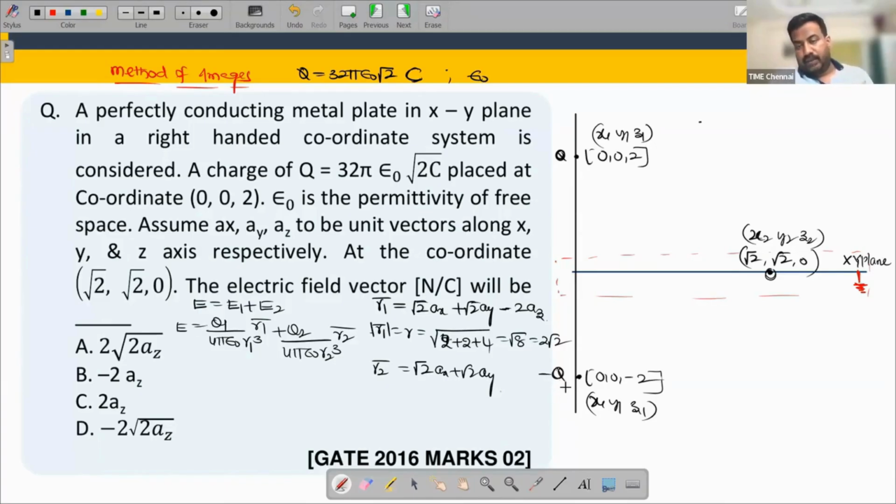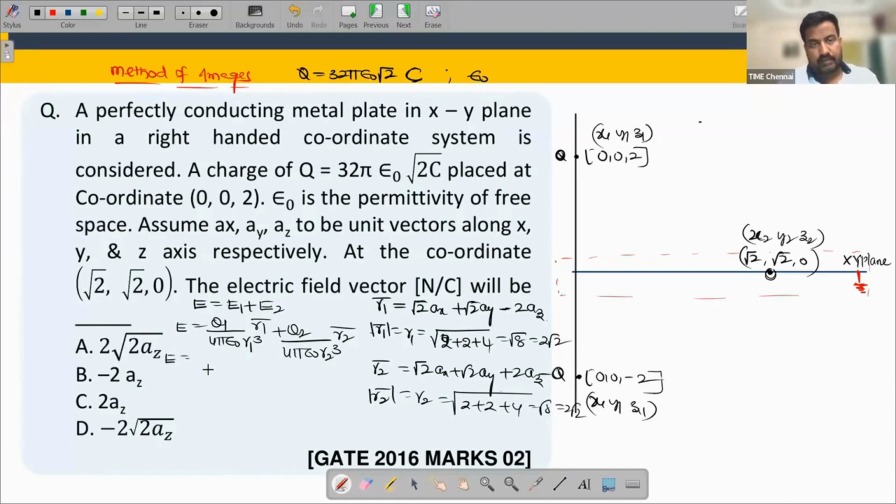There is Z2 minus Z1 AZ, plus 2 AZ. Mod of R2 is under root of 8, which is 2 root 2.